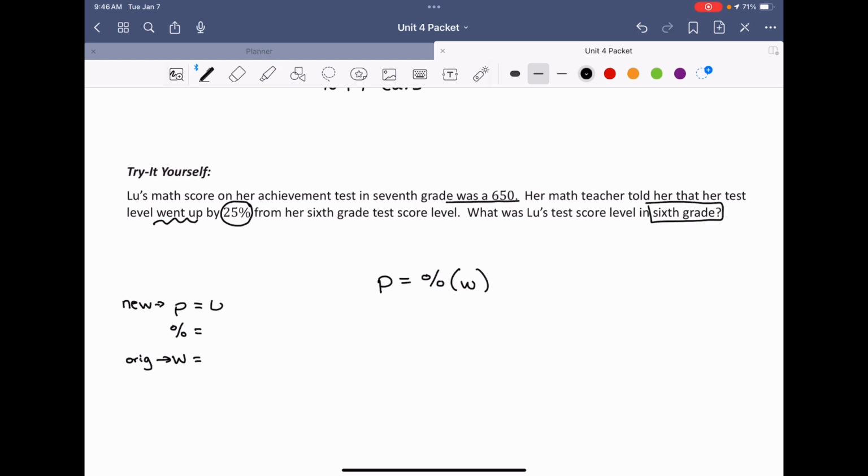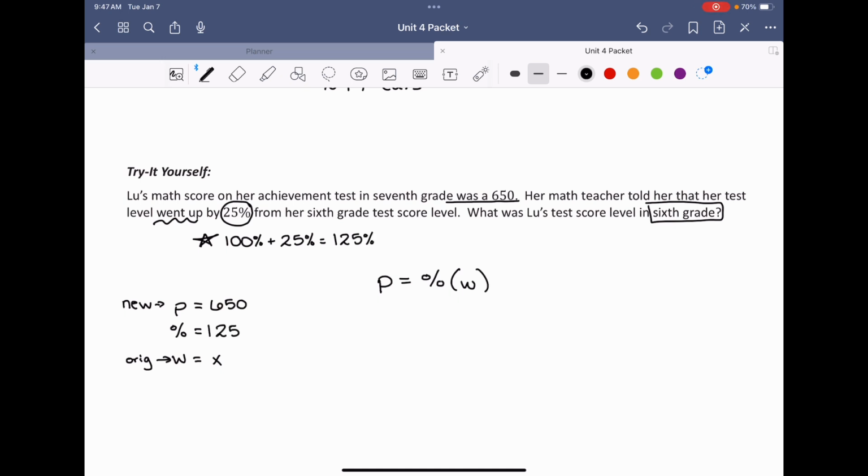So I should have 650 for P, x for the whole, and now I have to change up this percentage. It goes up by 25%, so I'm going to take 100% and add 25 to it because it's up over 100. So this is 125% that I'm going to use in my problem.